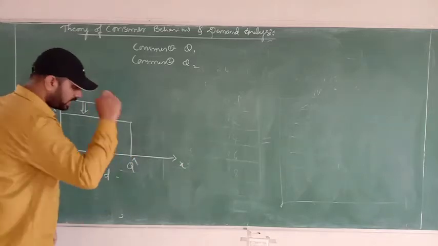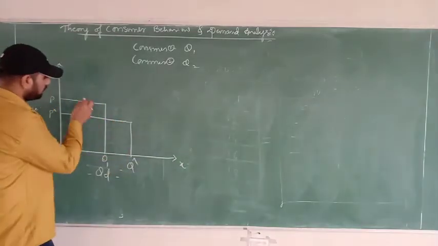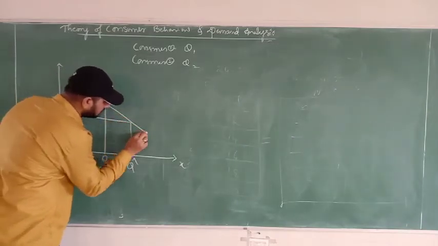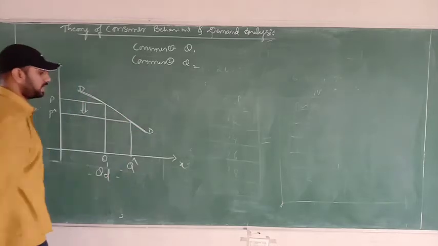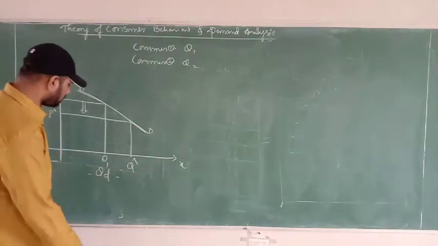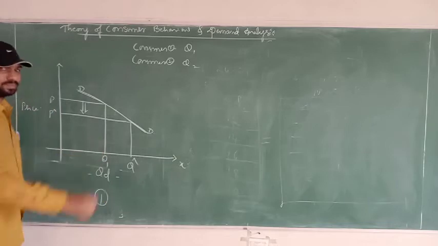Then the demand curve for this commodity moves from left to right downwards. This is all the story of consumer 1.